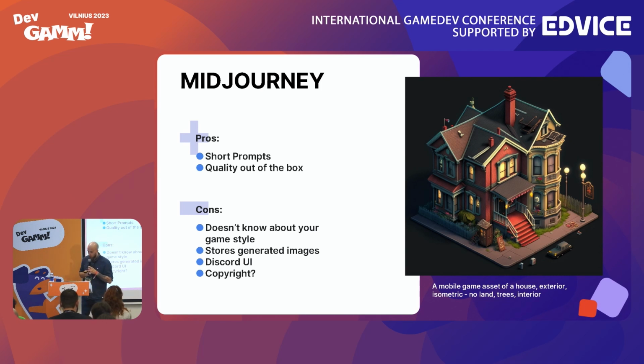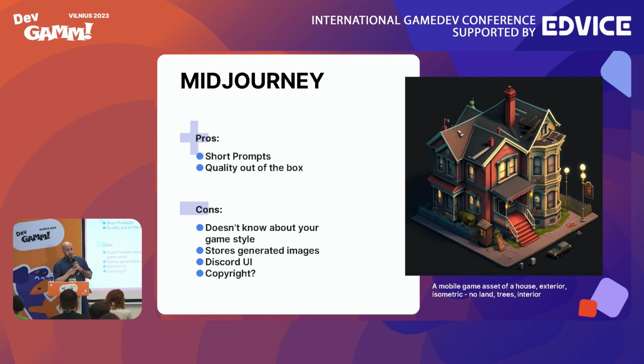The most popular one is Midjourney. It's popular because you can write a short prompt and get pretty good quality out of the box. But it doesn't know anything about your game style.